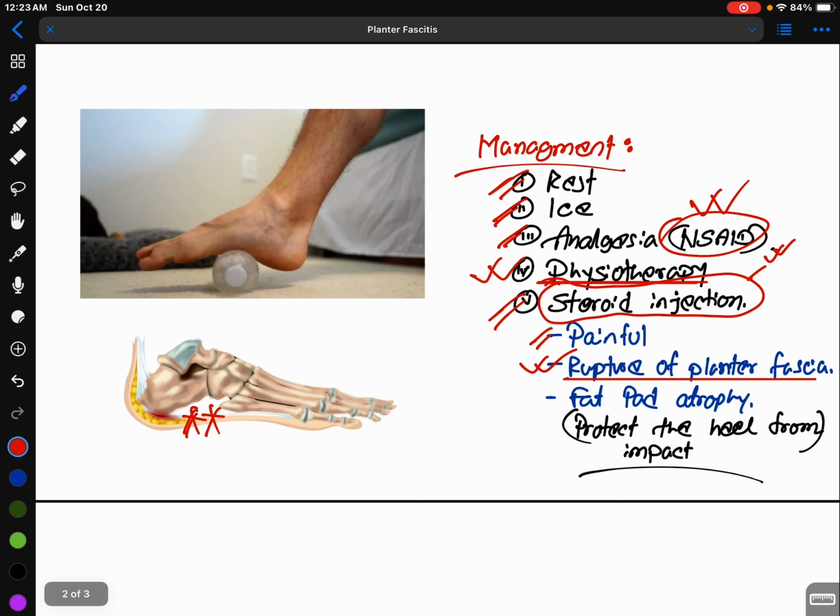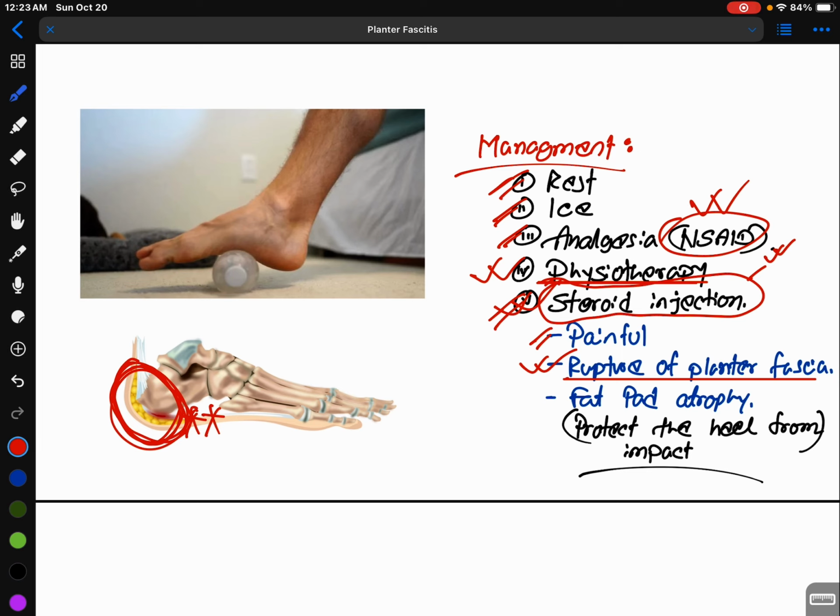Thirdly, here we can see the fat pad. This fat pad can be atrophied if someone repeatedly uses this therapy, steroid injection.